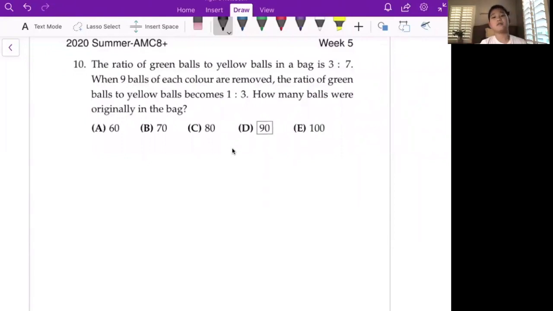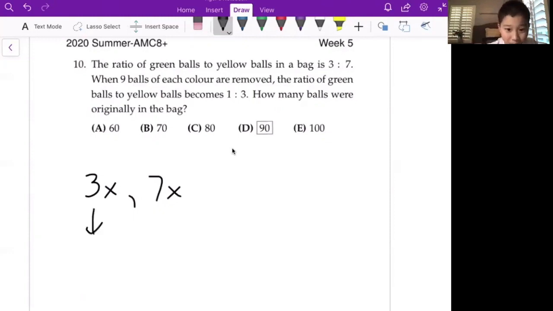Problem 10. The ratio of green balls to yellow balls in a bag is 3 to 7. When 9 balls of each color are removed, the ratio of green balls to yellow balls becomes 1 to 3. How many balls were originally in the bag? So, let's try some algebra. If the ratio of green to yellow is 3 to 7 initially, then they should have 3x and 7x respectively.